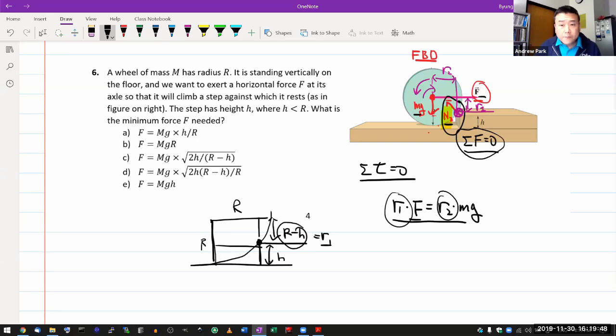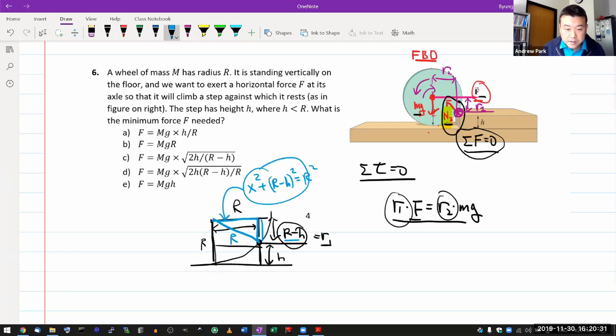I'm done. The lever arm for gravity takes a little more work because I need to figure out this distance. I think I need to draw this right triangle. It's going to be this leg here, that leg of the right triangle, which has one leg as R minus H, and hypotenuse as R. So let me call this side X. So X squared plus (R minus H) squared is equal to R squared.